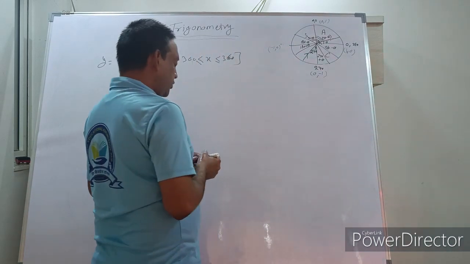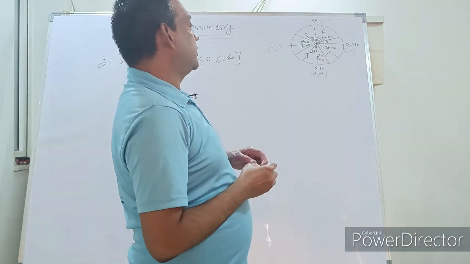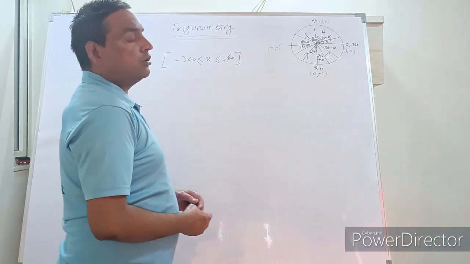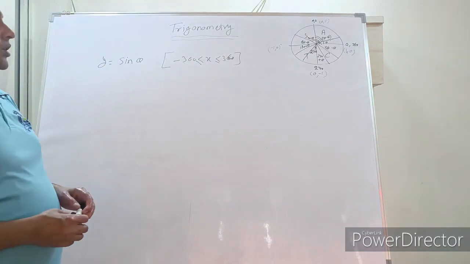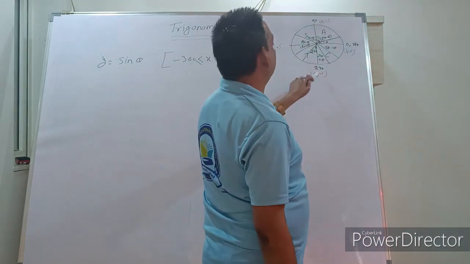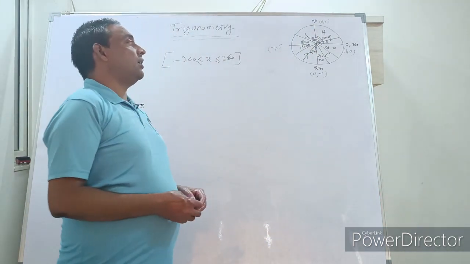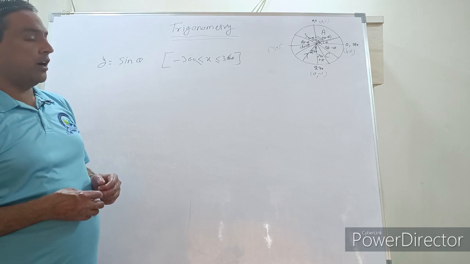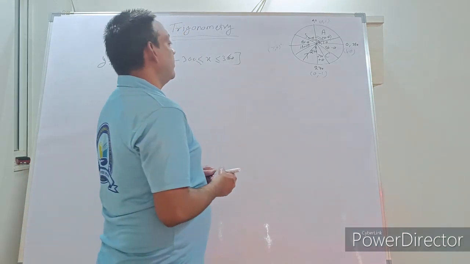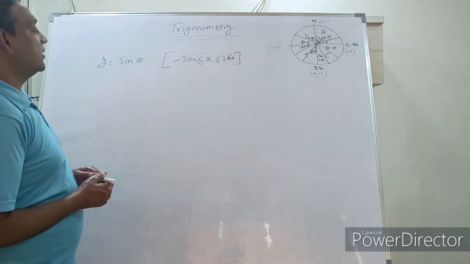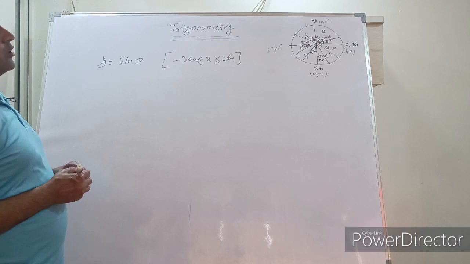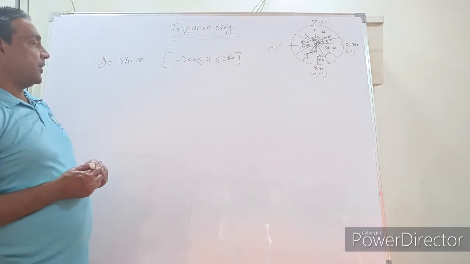If you see properly, these are the cos and sine values. The first one is the cos value, the second is the sine value. So the second is the sine value, meaning 0, 1, 0, minus 1. That means sine's maximum value is 1 and the minimum value is minus 1. So whenever we have to find the range of sine, it will be from minus 1 to plus 1.